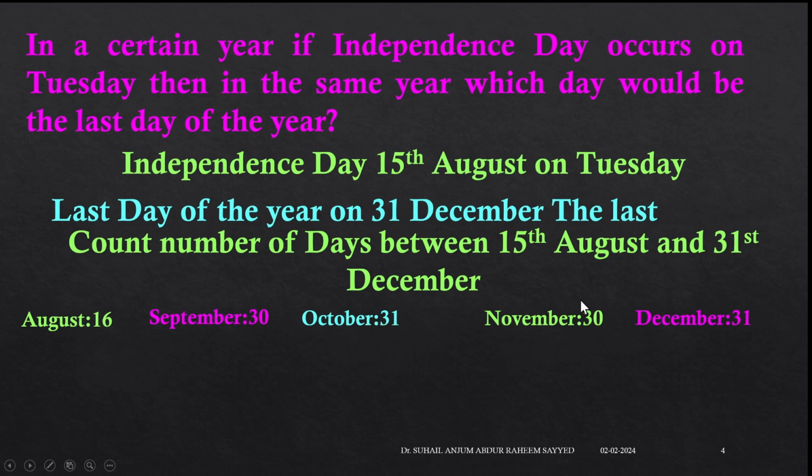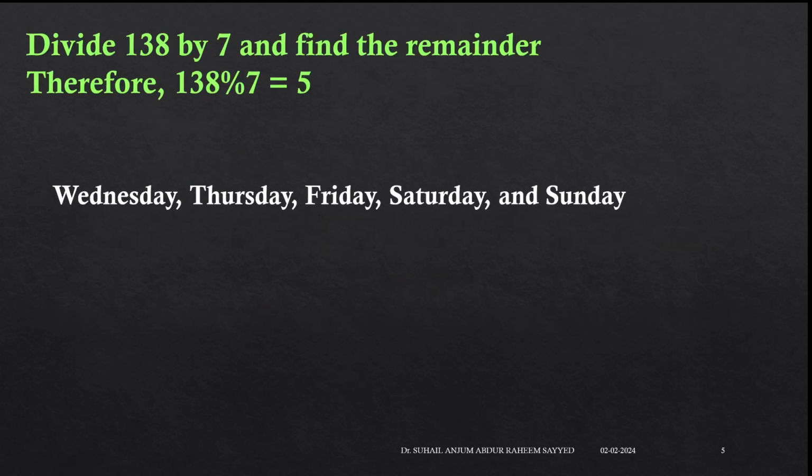Then November has 30 days, all counted. And we have to find 31st December, so all 31 days of December will be counted. We have to add all these days. So if you add 16 plus 30 plus 31 plus 30 plus 31, it comes out to be 138.